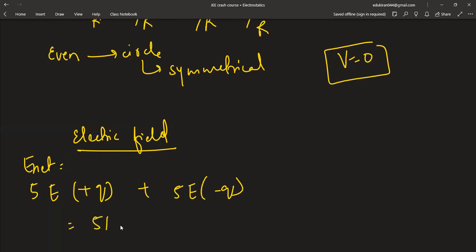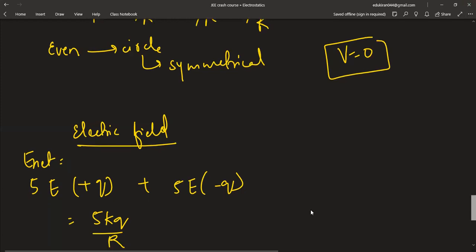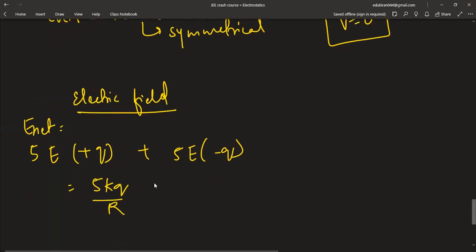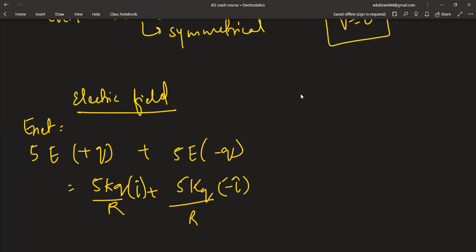So this is 5 kq by r. And when you solve this, this is also one vector, plus 5 kq by r, but in the opposite direction. So if this is, let's say, I cap, this will be minus I cap. This will be exactly in the opposite direction because of the net vectors.